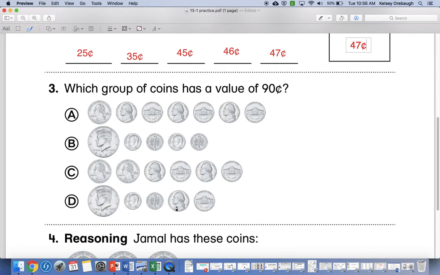Plus 5 now is 75. Plus 5 more is 80. Once again, that's 50, 60, 70, 75, 80. 90 cents is what we're looking for. B is our correct answer.